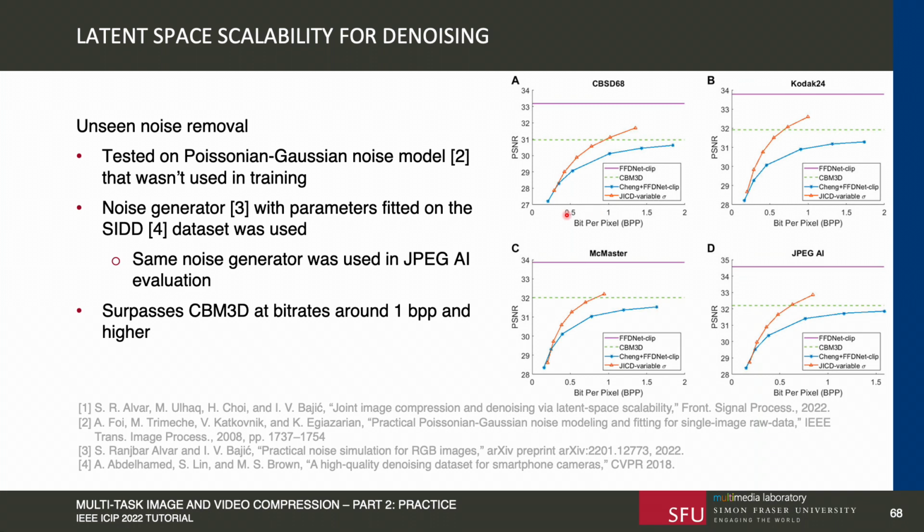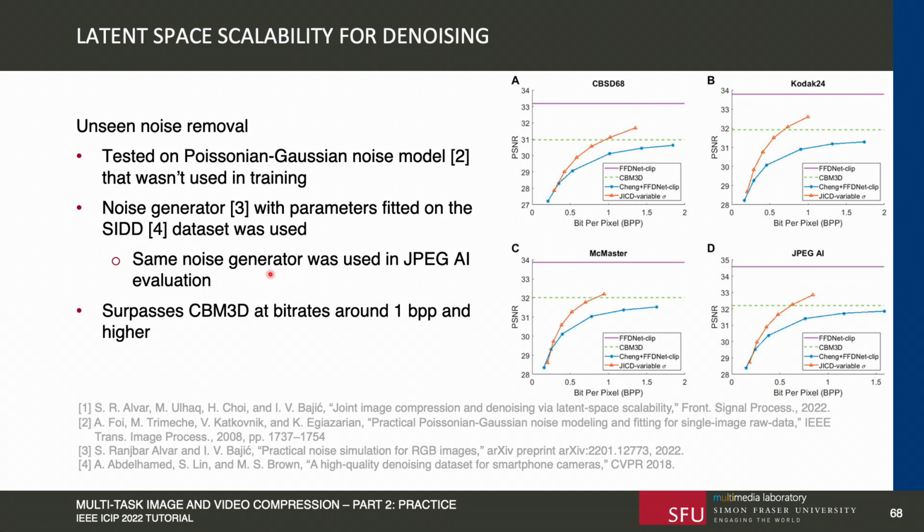These results correspond to this Poissonian-Gaussian noise model, whose parameters have been fitted on the smartphone image denoising dataset, which is a collection of smartphone images with somewhat more realistic noise.